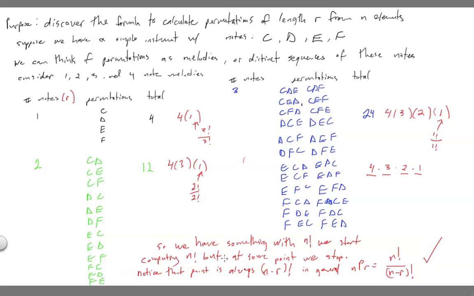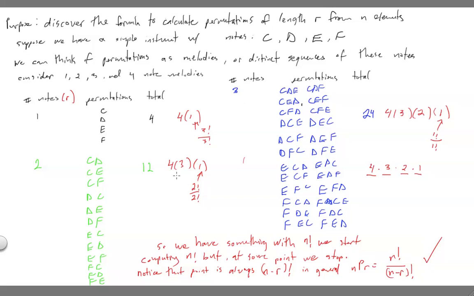We have to stop the bleeding, so to speak. And where we stop the bleeding is a function of the number of elements r that we're selecting, out of the total elements, for whatever our permutations of interest are.